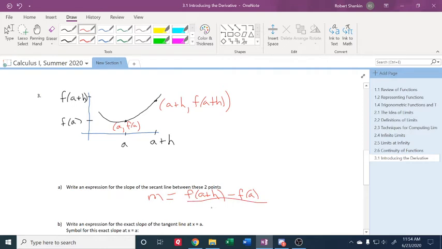Now when you take the difference in the x's, it's a plus h minus a, and the a's cancel out, and all you're left with is h.